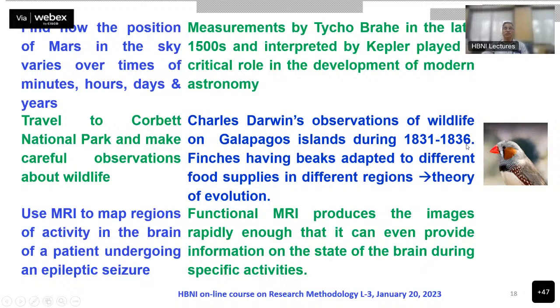He spent 6 years there, and he found that these birds called finches have beaks which are adapted to different food supplies in different regions. Depending upon the type of fruits they feed on, they had developed beaks of that particular type.